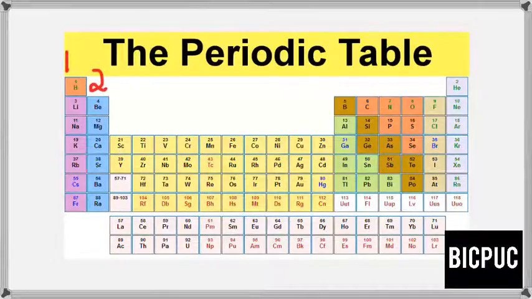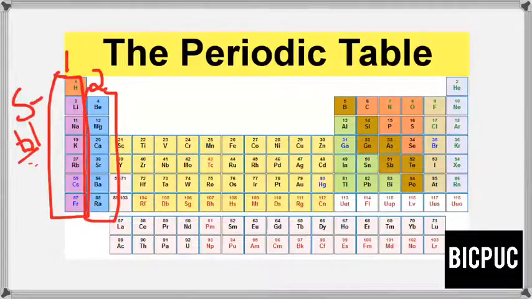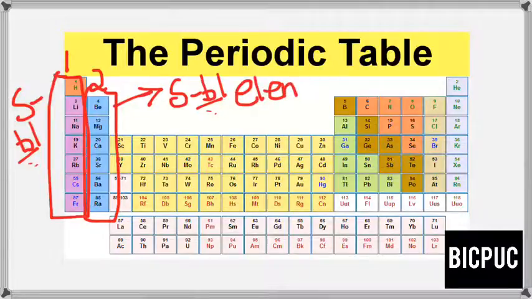Group 1 and group 2 shown to you here are called the S block, and the elements present in these two groups, this is group 1 and this is group 2, are called S block elements.